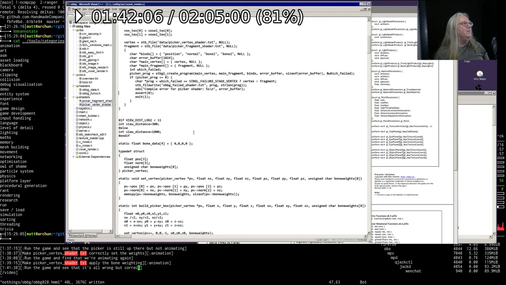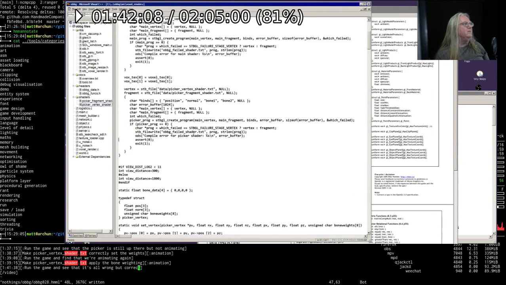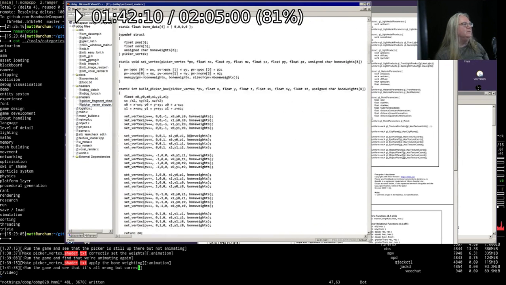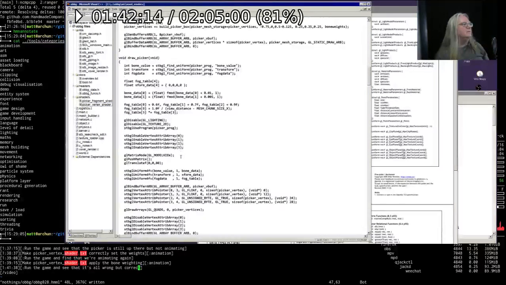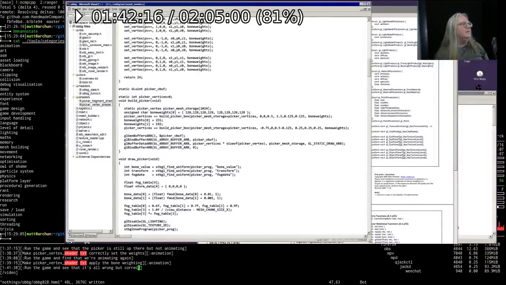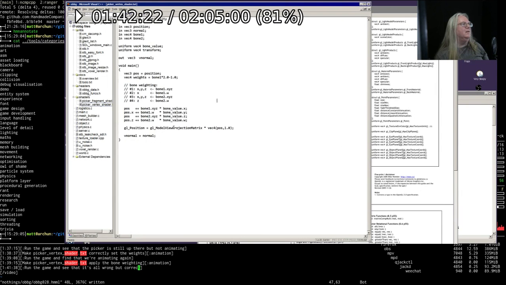The first one, wasn't it weighted all zeros? The initial weights are all 128. So that should be 0, that should be 0, that should be 0, that should be 0. So it doesn't matter, these are non-zero. Just odd.